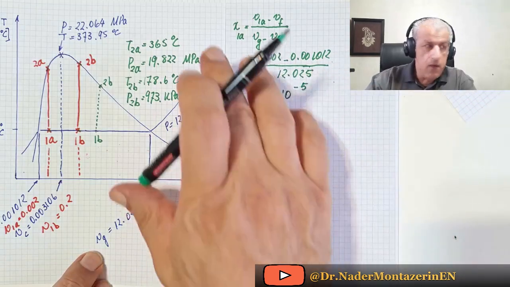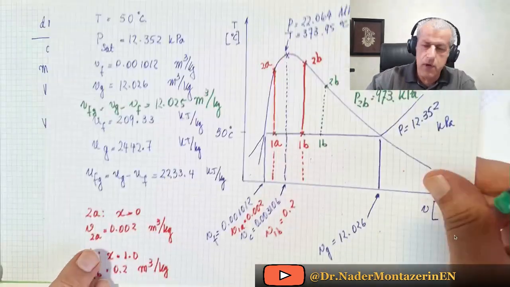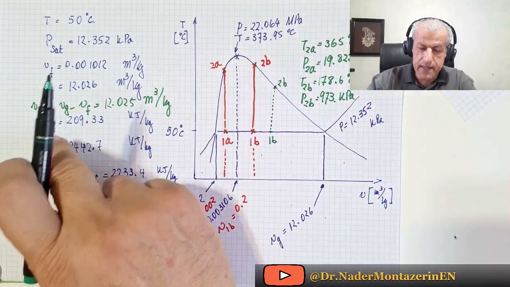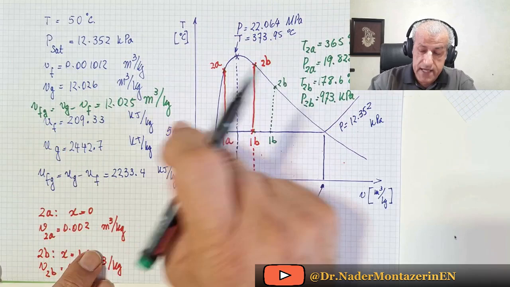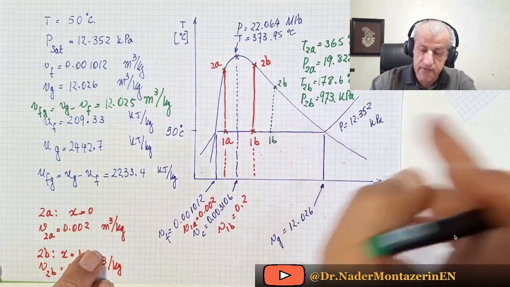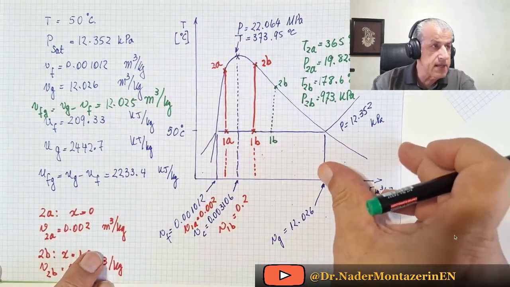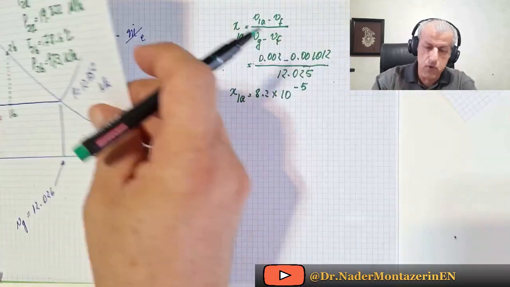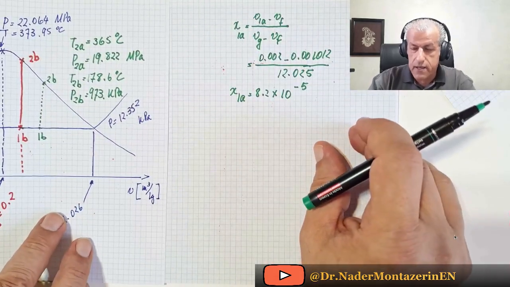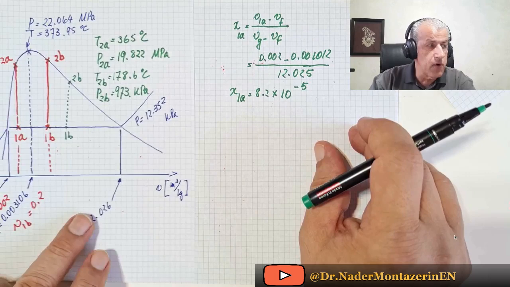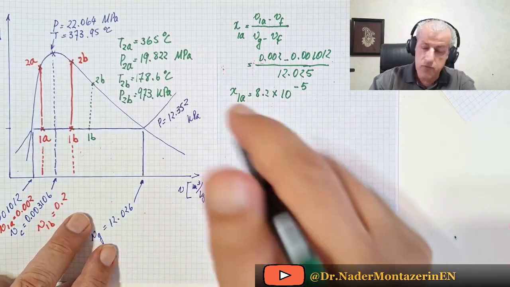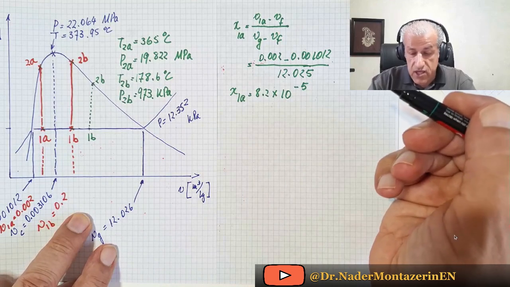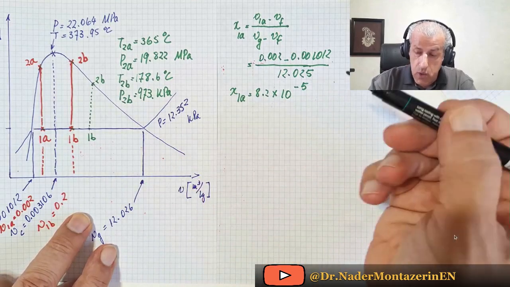Now, what we did before is that we read specific energies for saturated liquid and saturated vapor, and we calculated the difference. What we could calculate now, in the same manner as we do for specific volume, is the specific energy for point 1A.